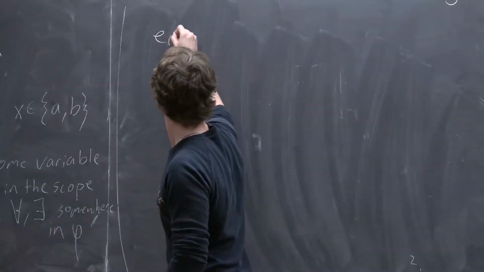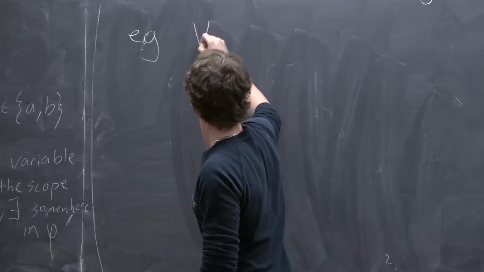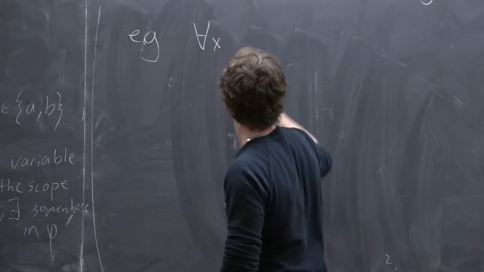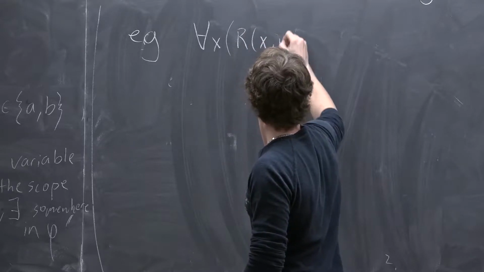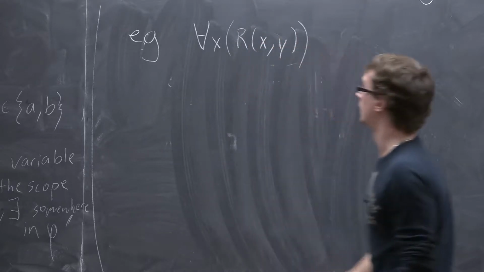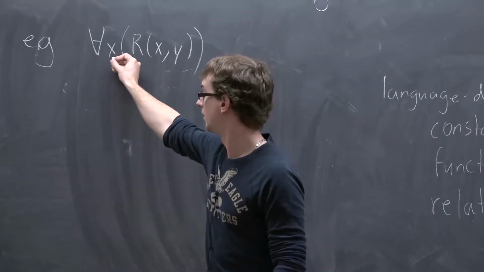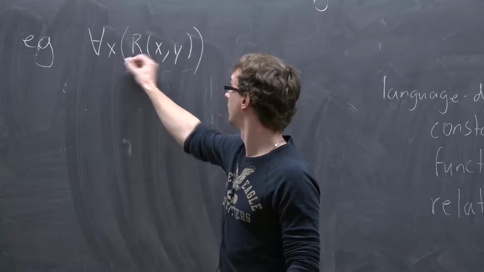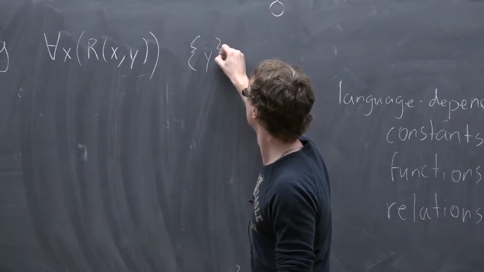So maybe we have for all x, rxy. So x appears in the scope of a quantifier, but y does not. So y is free.